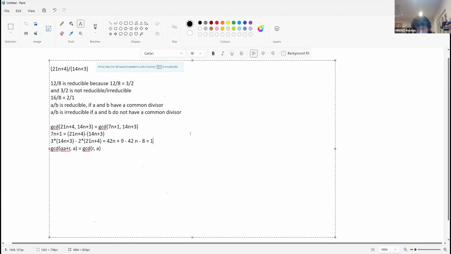That is a way to solve it actually. Because if we go GCD of A and B, that's going to be at most GCD of A times some number and B times some number, because now we're just increasing all of the numbers. So that would be at most GCD of 2 times 21n plus 4 and 3 times 14n plus 3.